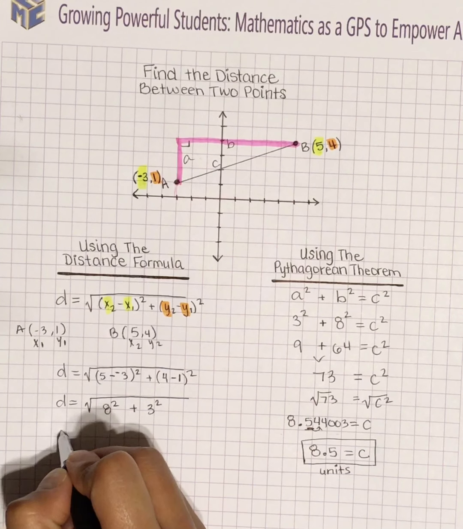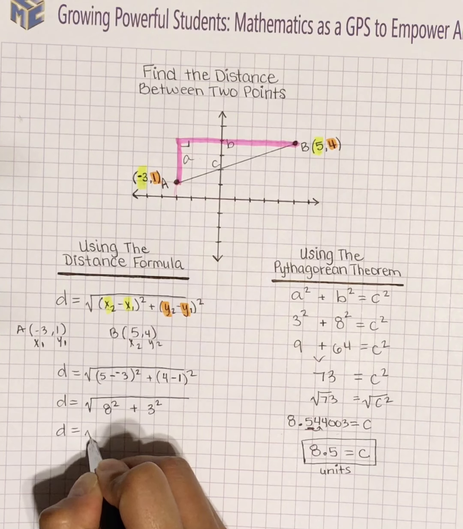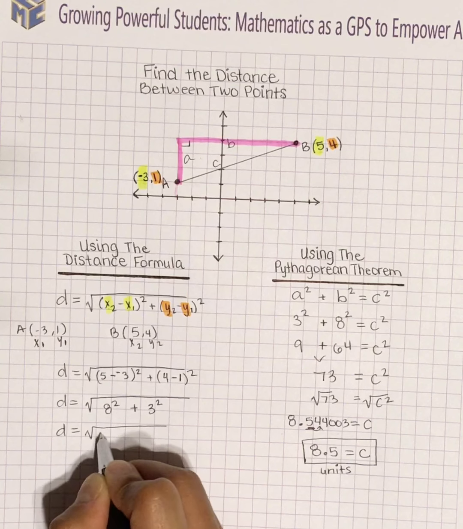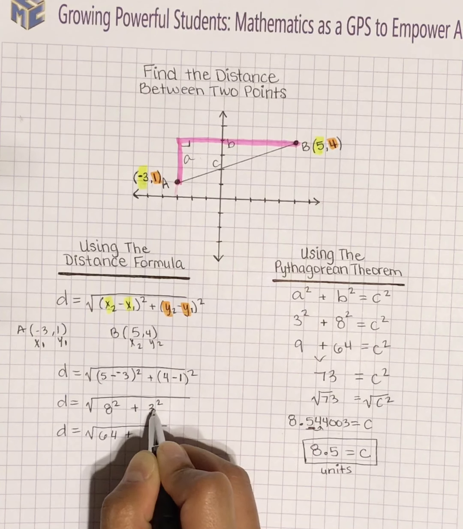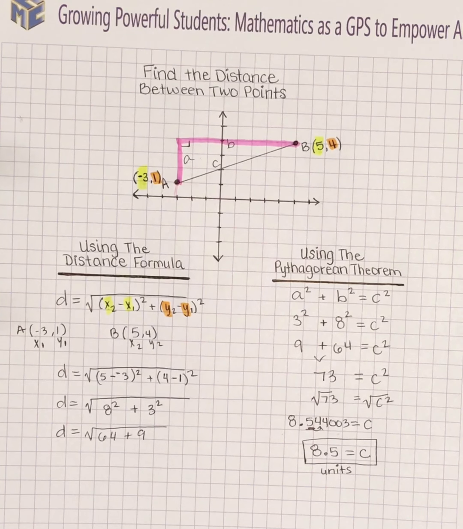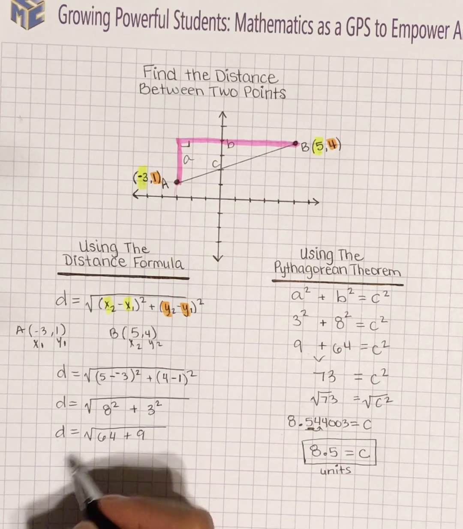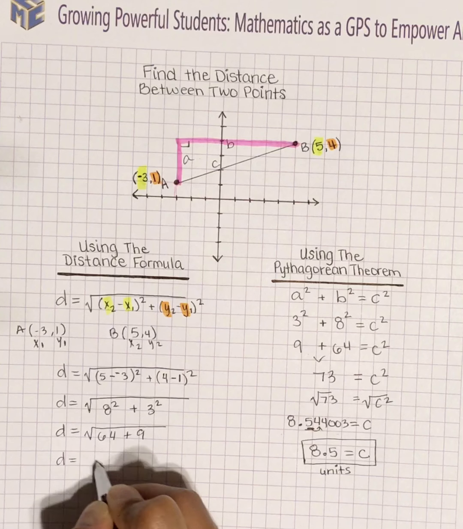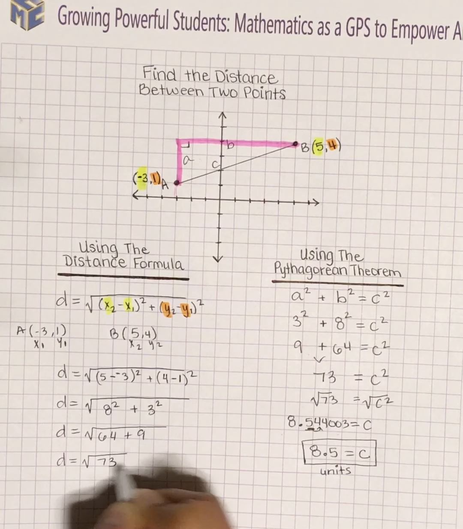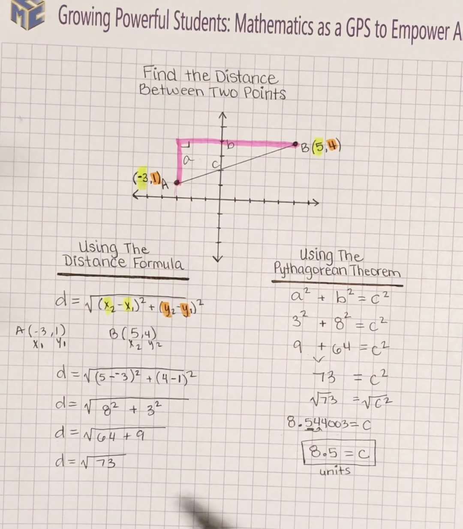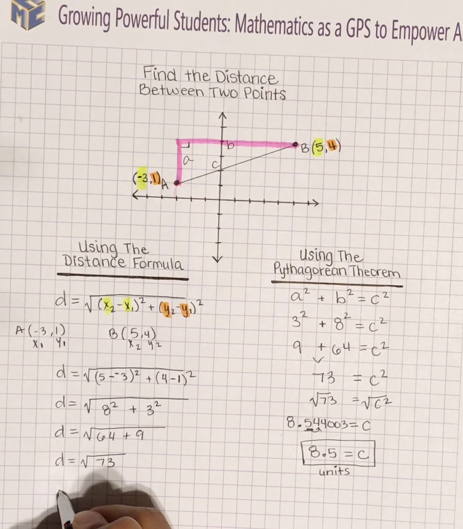You should know your square roots. 8 squared is 64, plus 3 squared is 9. You see how it's going to work out to the exact same thing we had over here. So this is the square root of 73, which is the exact same thing we had over here. Put that in my calculator.